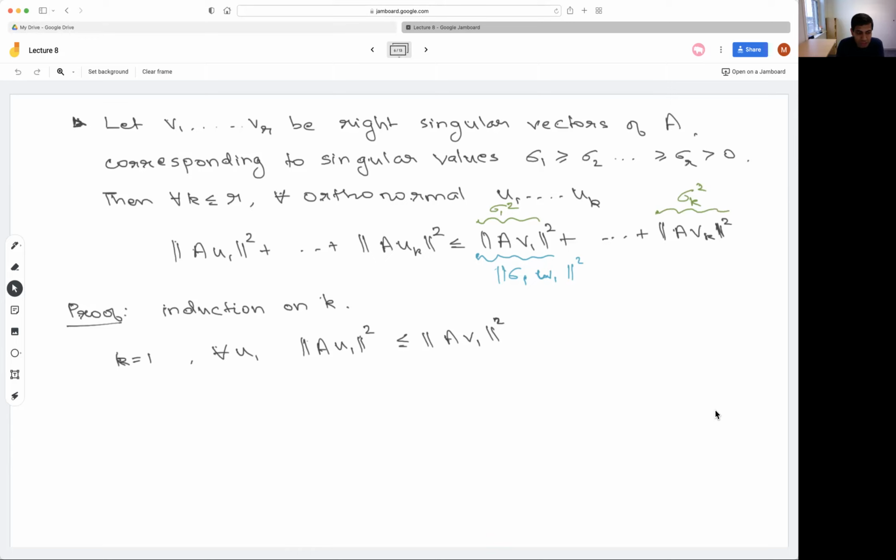And the way we will prove it is just by induction on k. So let's start with the base case, or we just want to prove that for k equals 1, it is indeed true that for any U, now U1 is an orthonormal set, which just means that U1 is a unit length vector, the norm of A times U1 squared is less than or equal to A times V1 squared, or as we saw, sigma 1 square.